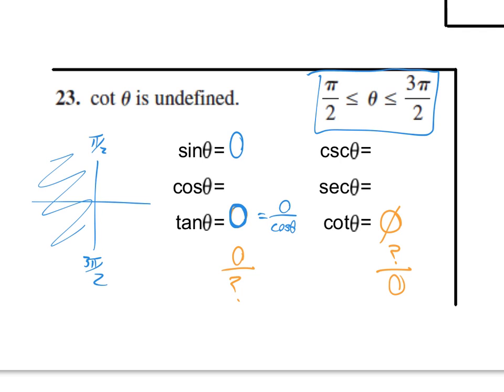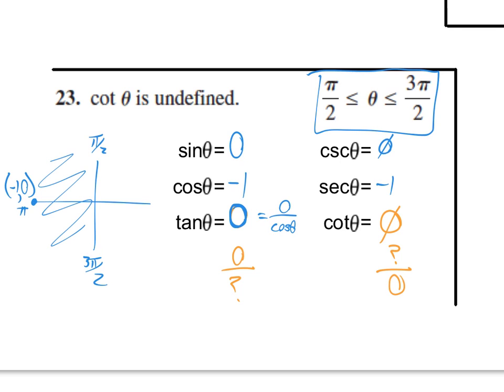At 180 exactly. And what point is that? Negative 1, 0. So what's the cosine? Negative 1. And what's the secant? Negative 1. And by the way, what's the cosecant? Undefined. That's a cool one. That's just evil.